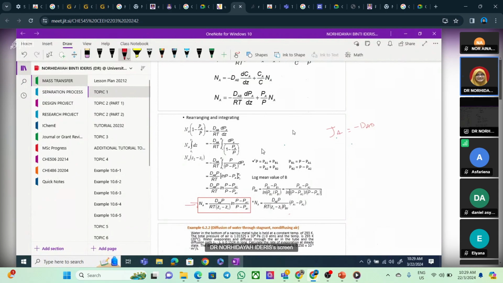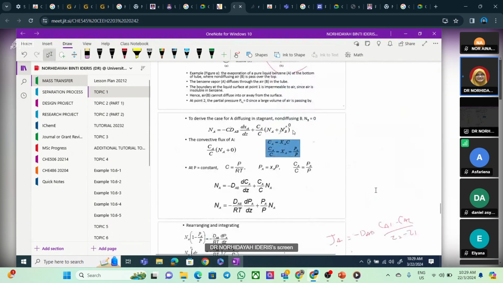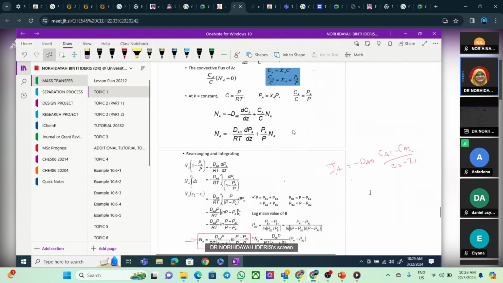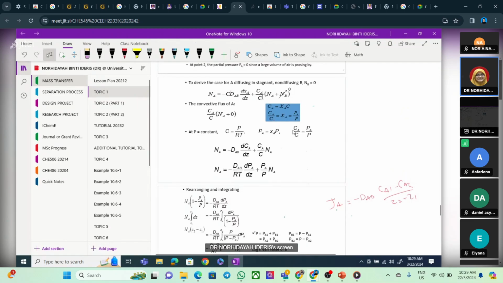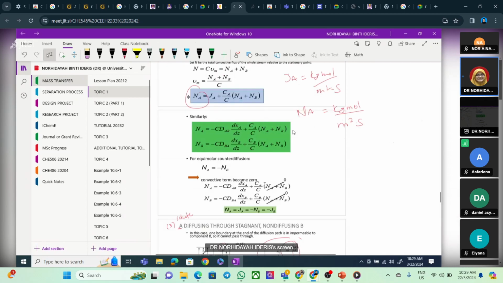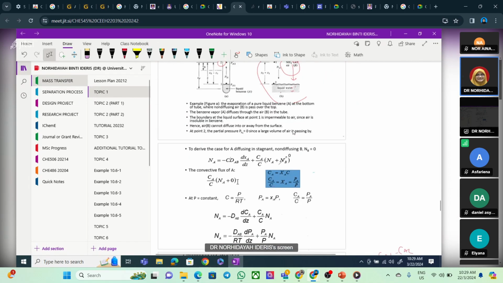Negative DAB CA1 minus CA2 over Z2 minus Z1. Okay, and then kalau partial pressure kita tukarlah, ada RT semua. So dalam case ni a bit complicated because we have a convection factor. So this is the equation that comes from this one, right?